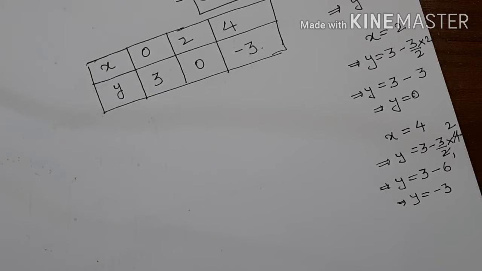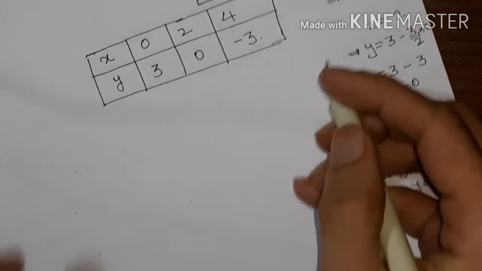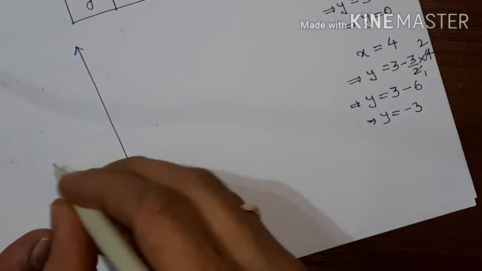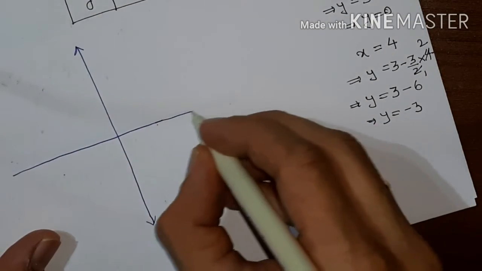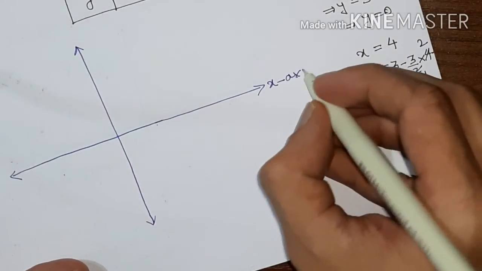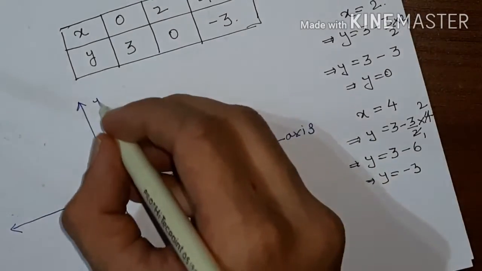Now let us plot this line on the coordinate axis. Suppose this is the coordinate axis, so this is the x axis, right, this is the y axis.